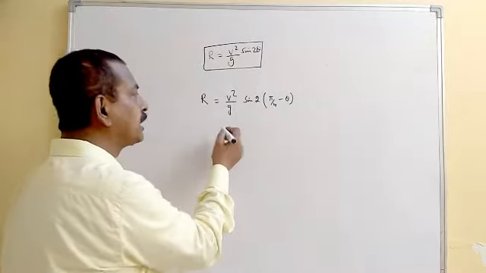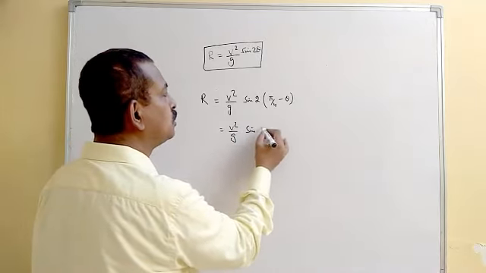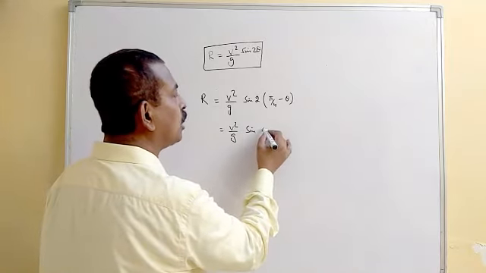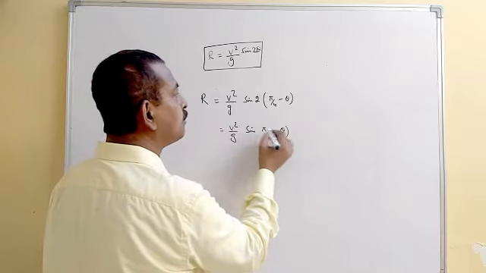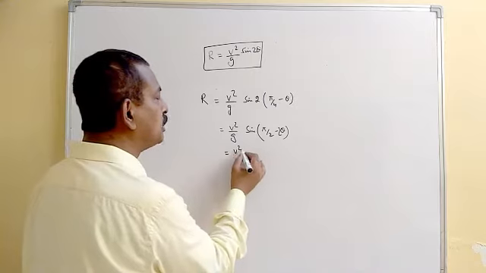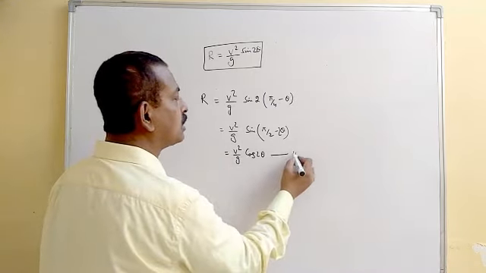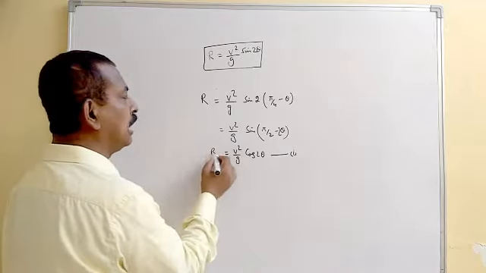So for that, R is v square by g times sine of pi by 2 minus 2 theta. So what you get here is v square by g times cos 2 theta. This is the first, and this is for R.